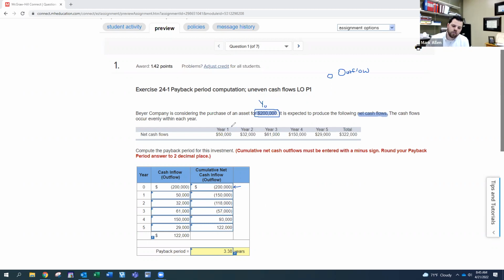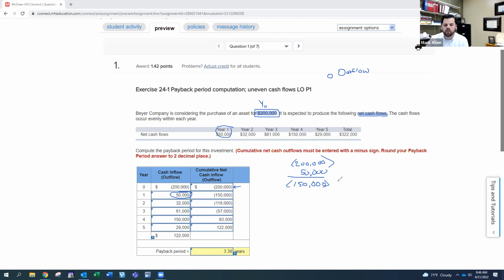Now, after the end of the first year, we get $50,000. So we'll generate that 50 right here. And now our outflow in total is just going to be the 200,000 that it was before, plus the 50,000. And so what we see is we're still negative, but notice that now we are only negative by $150,000.